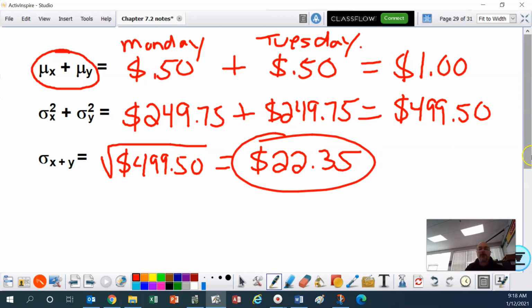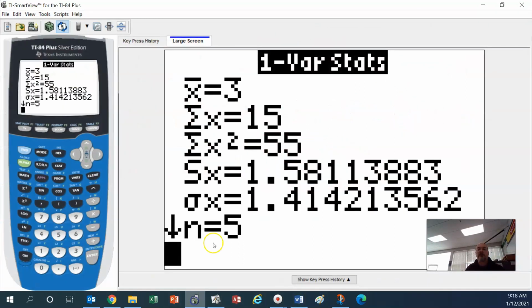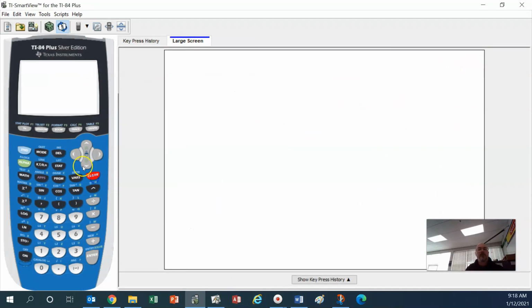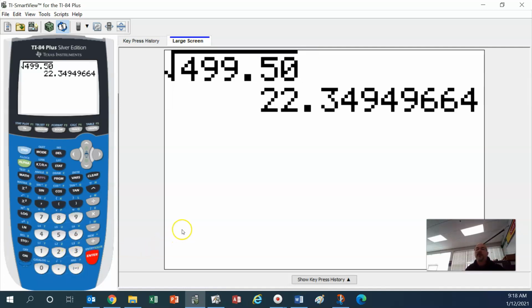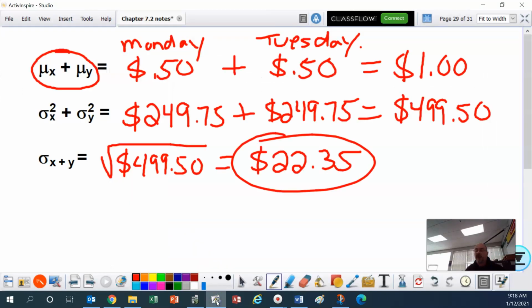Okay, so on the calculator, let me show you this. So again, I take the sum of the variances and take the square root. So the sum of the variances is 499.50. So $22.35.